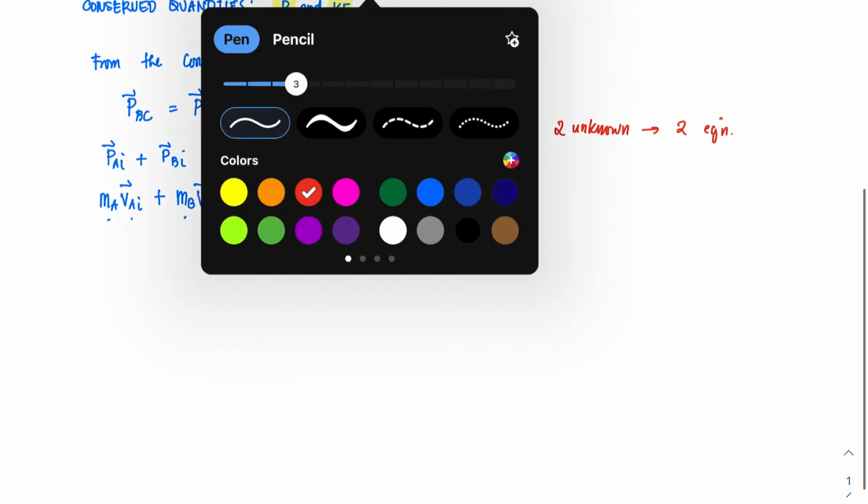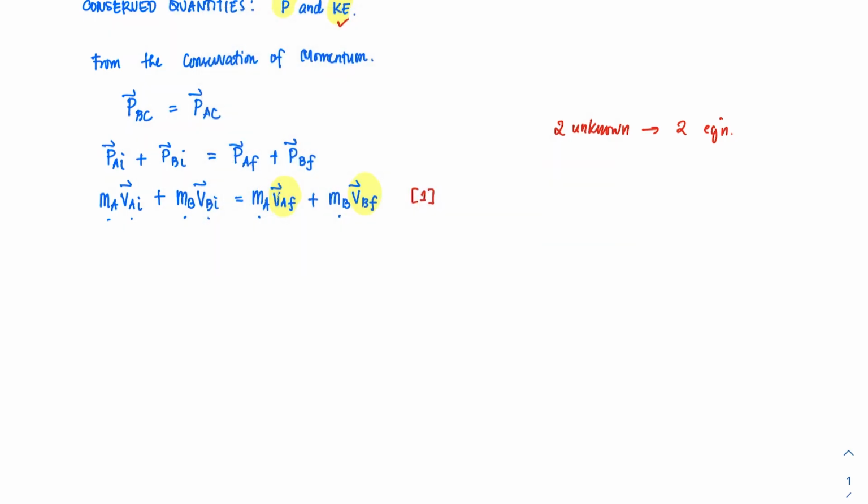Now, in our discussion, I said that in order to spare yourself from the long derivation of the conservation of kinetic energy equation, we are just going to use this one. The velocity of A, and I want you to take special attention, before and after collision is just equal to the velocity of the other ball, both before and after collision.